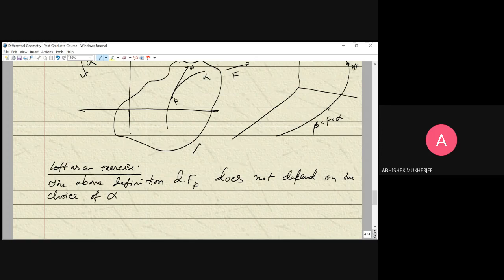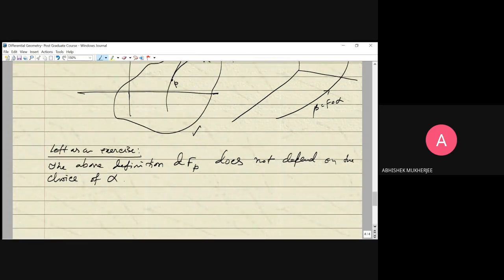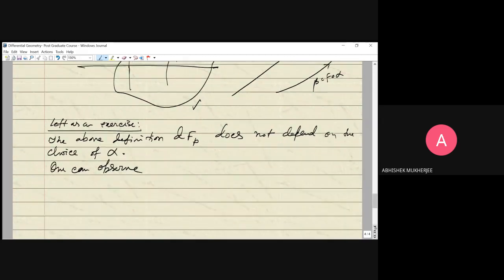Okay. Because actually, as one can observe, I can just sketch the idea.